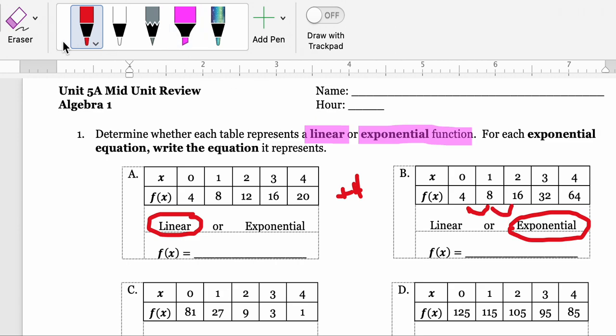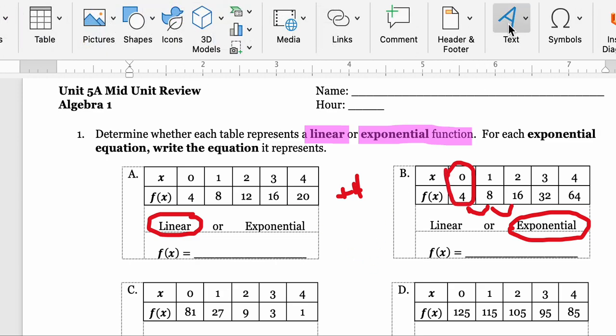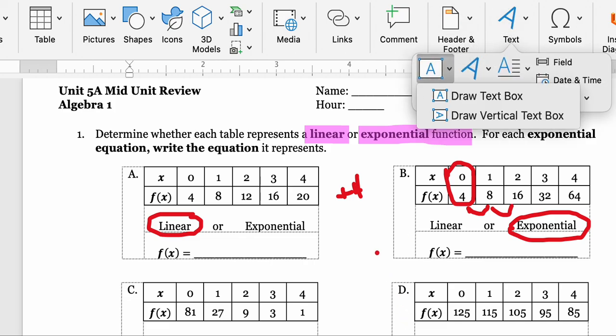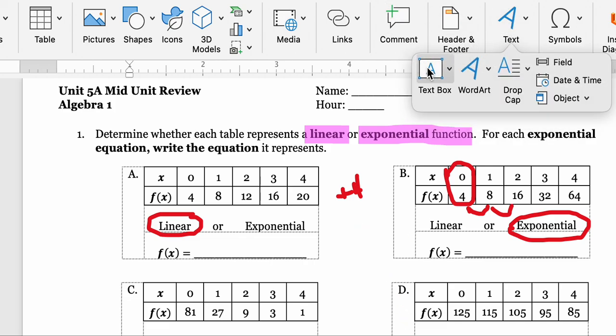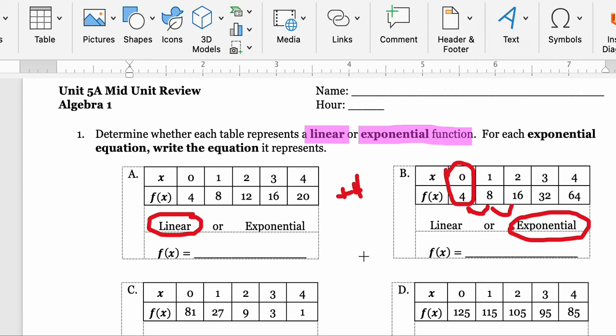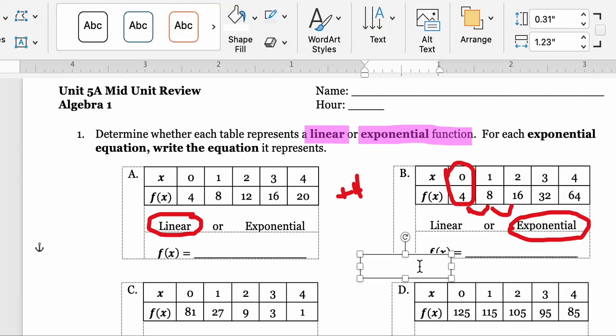So to write this equation, I take my initial value, which is when y is 4. So we know to write an exponential equation, it is going to be a times b to the x power, and that little caret thing is for the exponent.